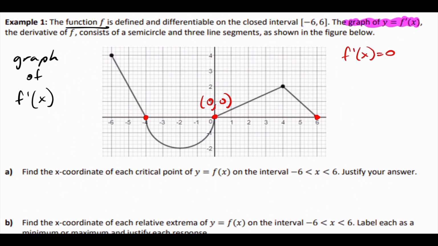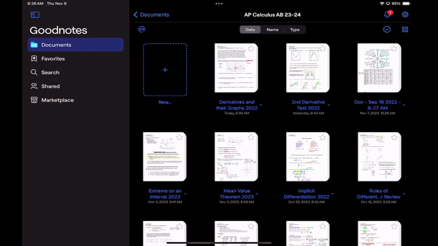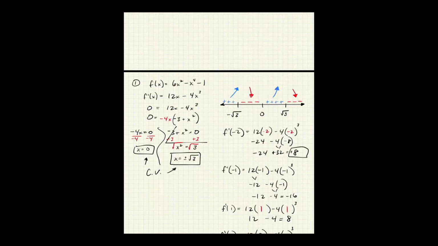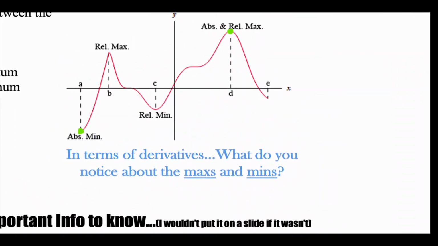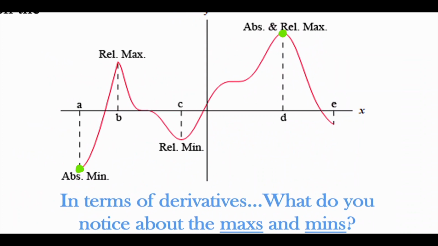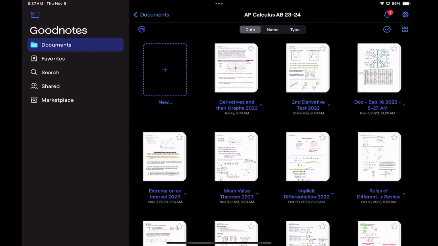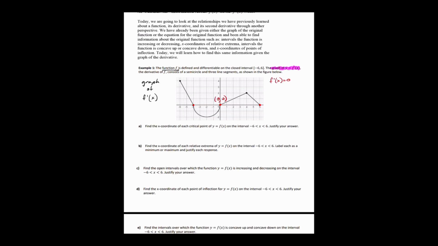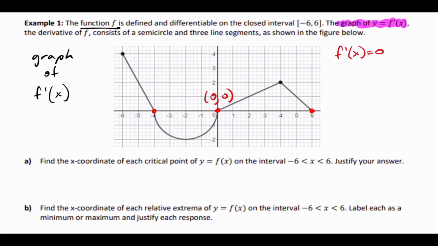But all I know is those 3 dots represent horizontal tangent lines. And the only time we have horizontal tangent lines is at relative maximums or minimums. So we know that those represent maximums and minimums. We just don't know which.